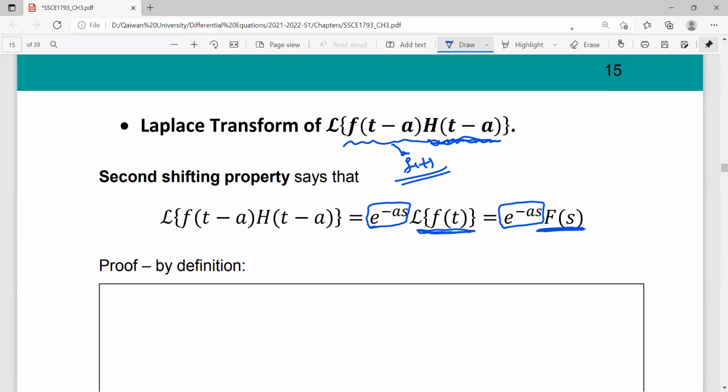That means we just find the Laplace transform for the function f, then we multiply it by e to the power minus as.